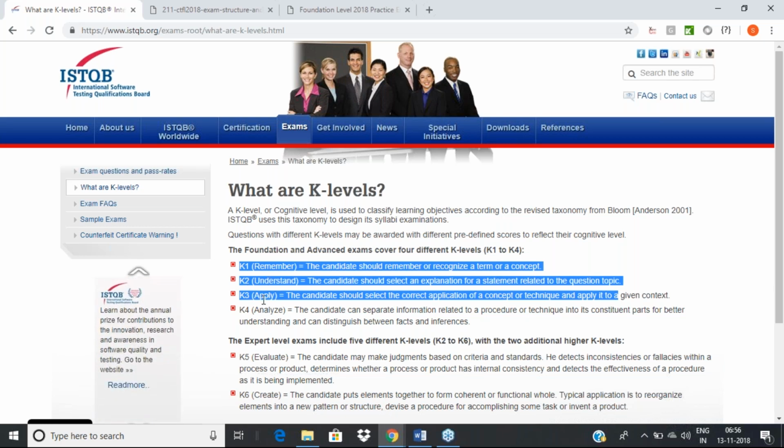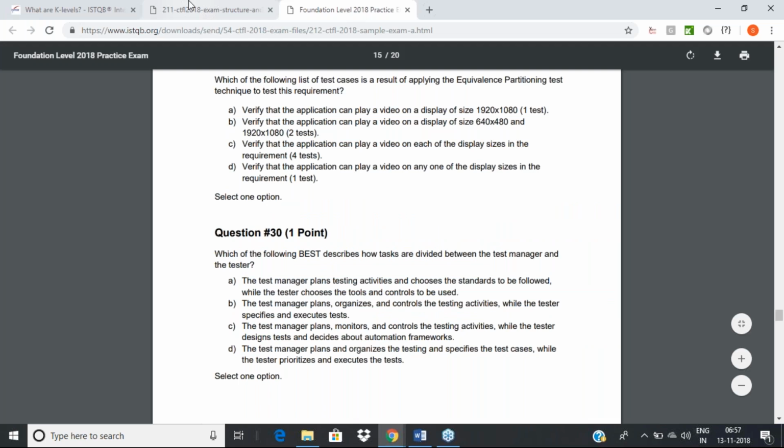Third one is more like applying the techniques, applying the definitions that you have learned, and then you will choose the answer. The candidate should select the correct application of a concept or a technique and apply it to the question that is given. So these are the three types of questions. But when we go to the syllabus, it'll be more clear.